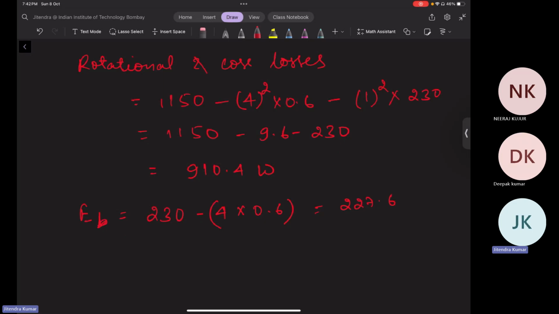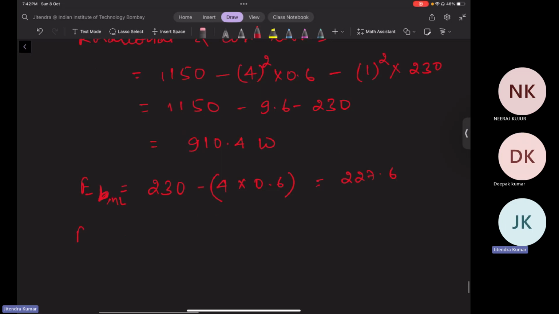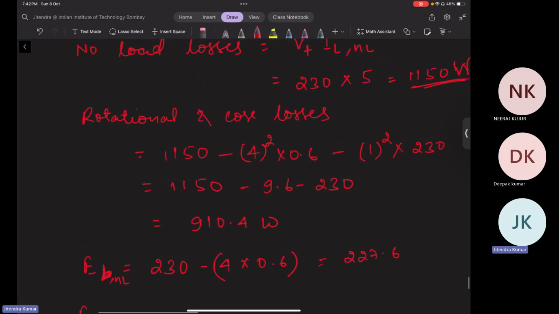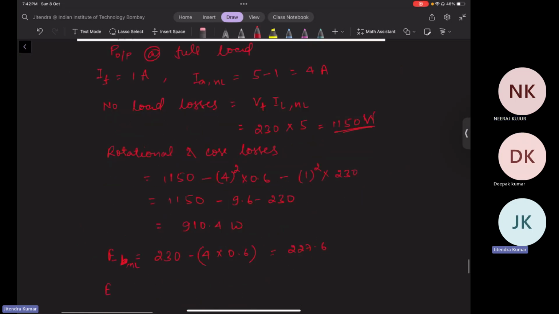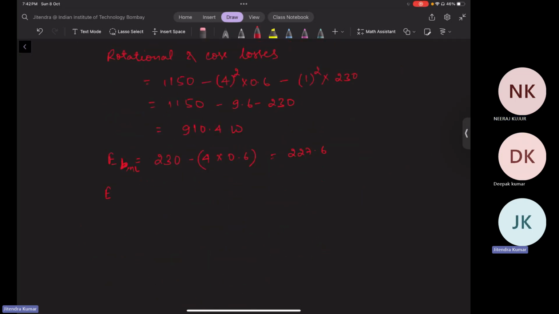So why am I trying to calculate EB at no load? Because if you are not given any losses, what you should do to calculate no load magnetic as well as mechanical losses, meaning core loss and rotational losses, is EB at no load into IA at no load. So this expression also gives you the rotational and core loss.